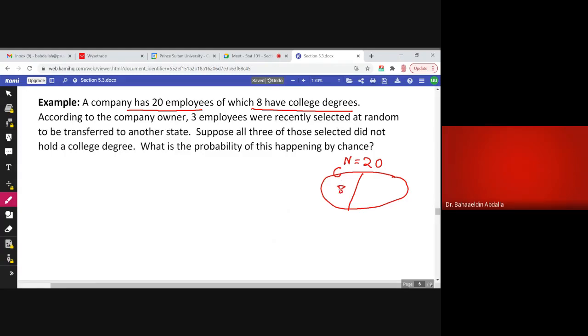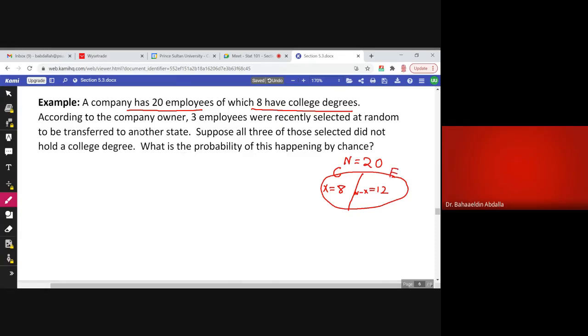So if 8 of them have college degrees, then 20 minus 8, which is 12, this is capital N minus capital X, would be the ones with no college degree. This is college degree, this is, for example, false, no college degrees.